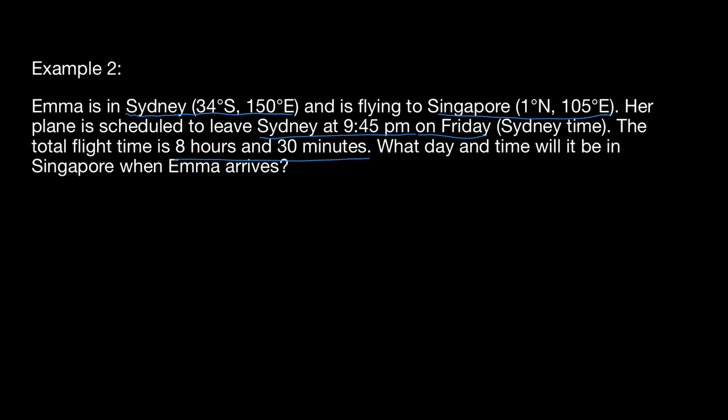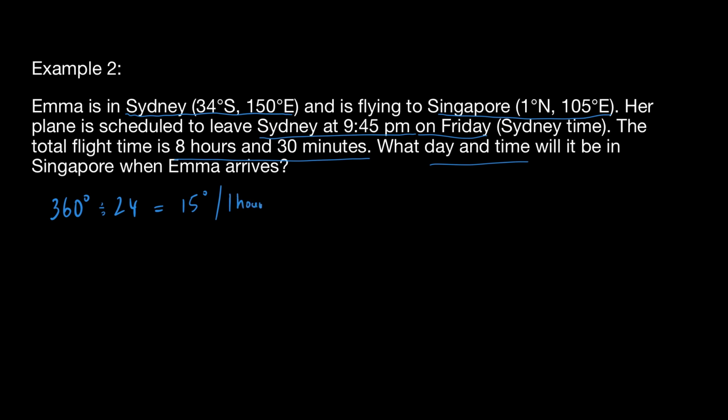First of all, we need to identify the difference in our longitude, because that's how we're going to work out the time difference between Sydney and Singapore. Earlier, we said that there's 360 degrees of longitude. If we divide that by 24 for 24 hours in a day, 15 degrees is equivalent to 1 hour.